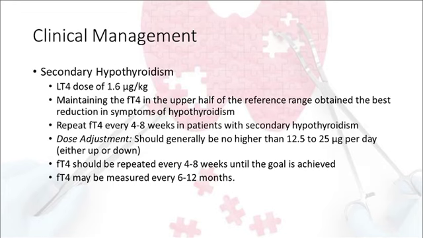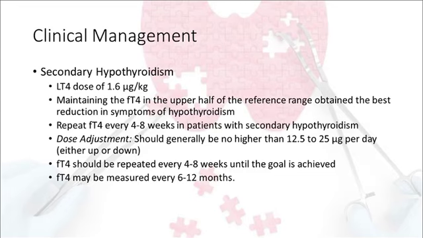In terms of secondary hypothyroidism, the levothyroxine dose here is 1.6 micrograms per kilogram once again, and we want to maintain the free T4 in the upper half of the normal range, because this will result in the best reduction in symptoms. We will of course measure free T4 in these patients every 4 to 8 weeks.